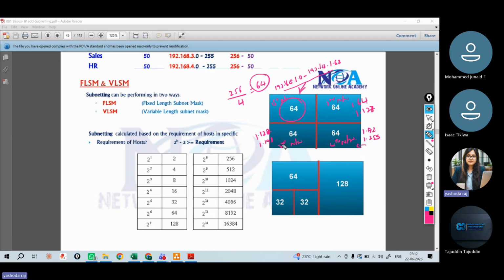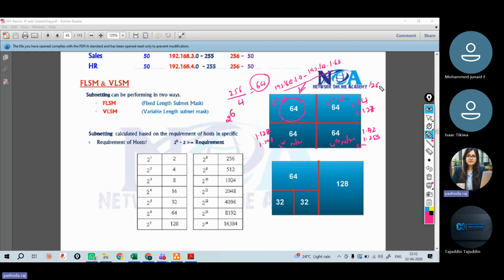For all the networks, if I'm using 64 addresses, how many bits is that? 2 power 6. That means the subnet mask here is slash 26.